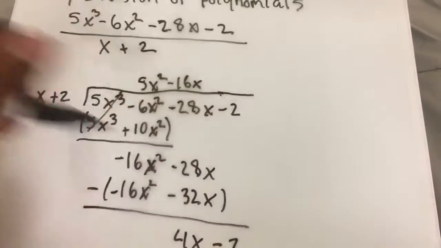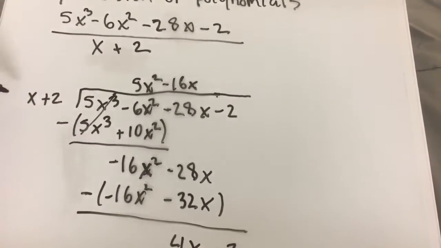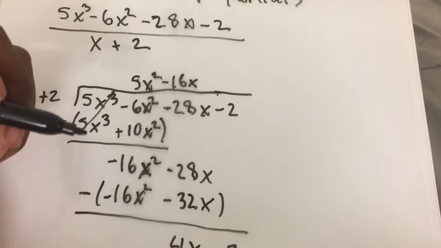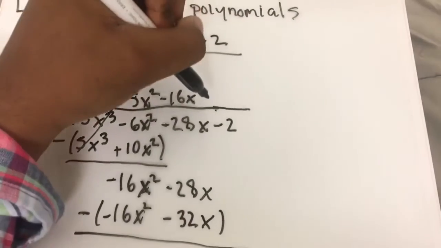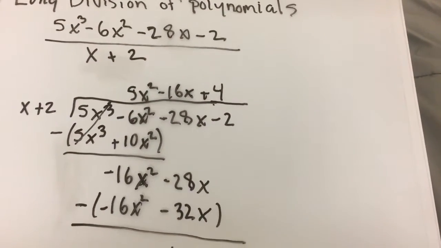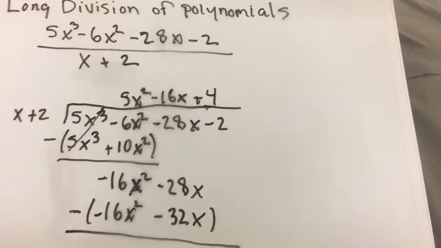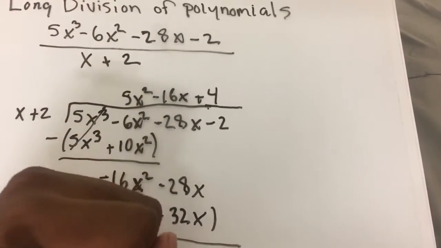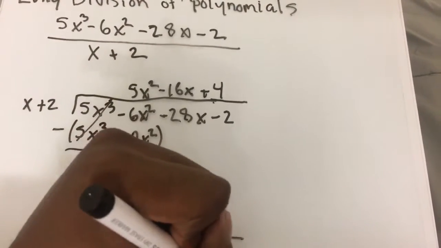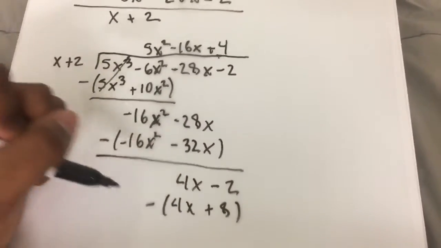So after we drop our negative 2 down, what times x is going to give me a 4x? That's going to be a 4. So next thing we're going to do, we're going to write plus 4 right here, and we're going to do the math. So 4 times x is going to be 4x. 4 times 2, that's going to be 8, plus 8, add parentheses, and then we subtract.